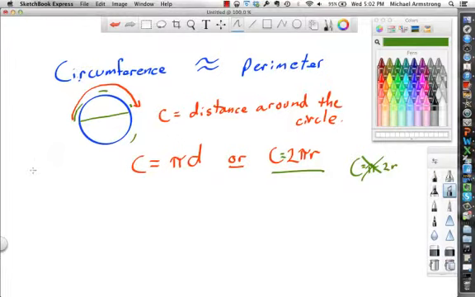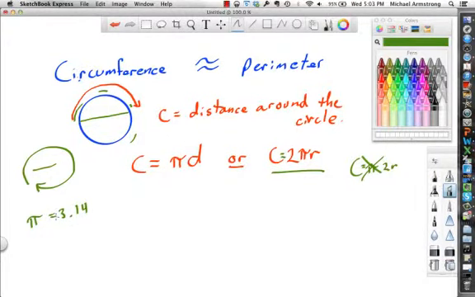A little more than 3 times, and they call that pi. And a little more than 3 for us today is going to tell us that pi equals 3.14. A little more than 3.